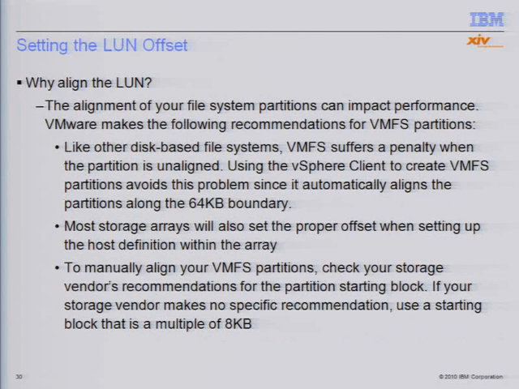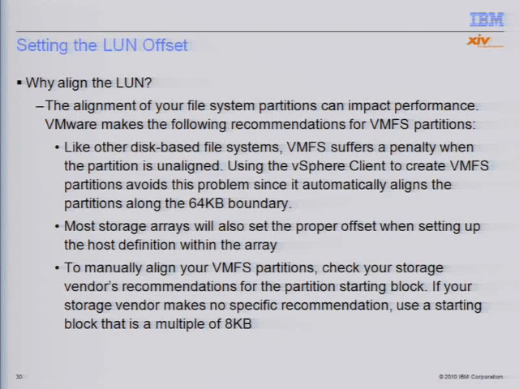So VMFS is a file system, just like any other file system, and it's subject to the same hardware constraints. So you have to make sure that you're following best practices around setting the LUN offset. VMware and the storage arrays have both come a long way with this. If you are setting up your VMFS through vCenter, it actually sets the LUN offset for you.